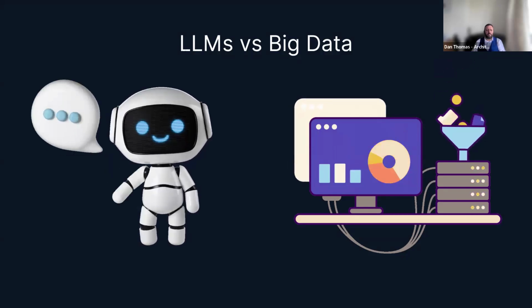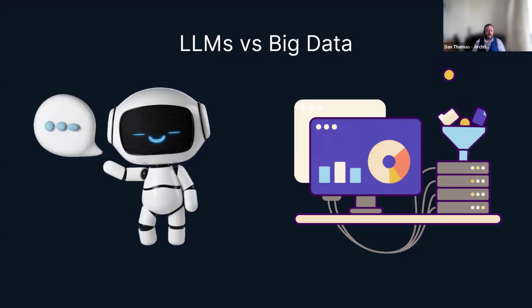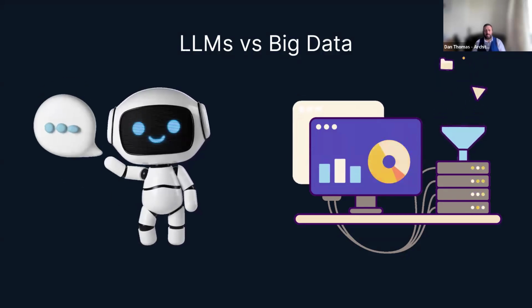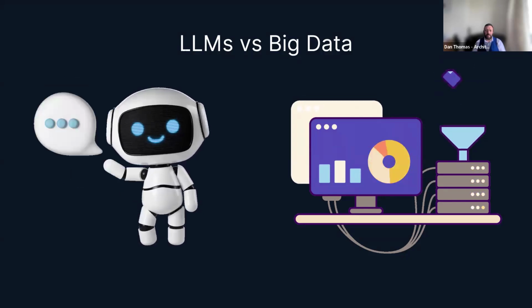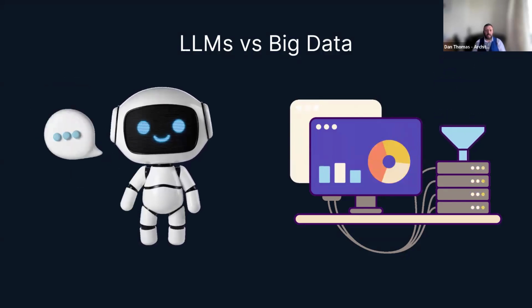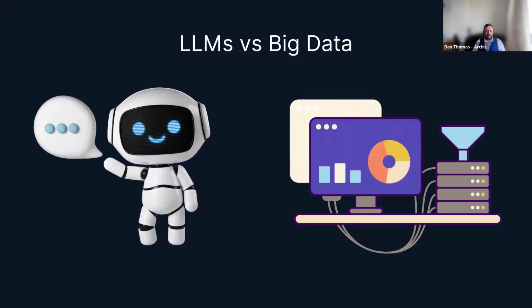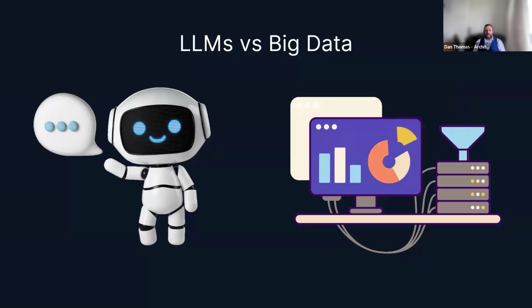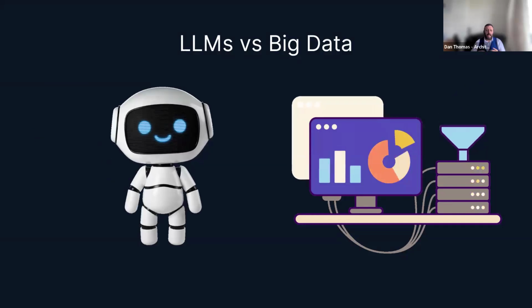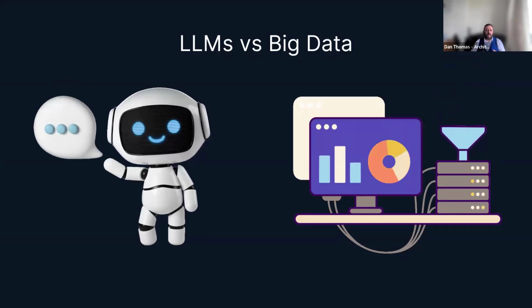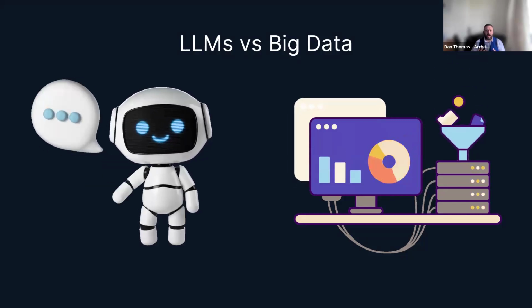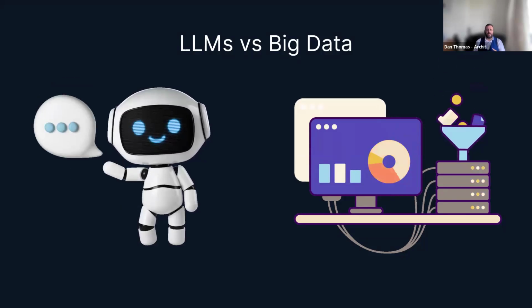What they do is predict the next word in a sequence, with a contextual awareness based on the information they have and the information you've given them, to be able to generate human-like, human-understandable responses rather than just spitting out code or pure data. So the key distinction really is that big data explains what has happened. LLMs are a communication tool though. They help you communicate, they help the machines communicate with you, and they help you ideate and create new things.